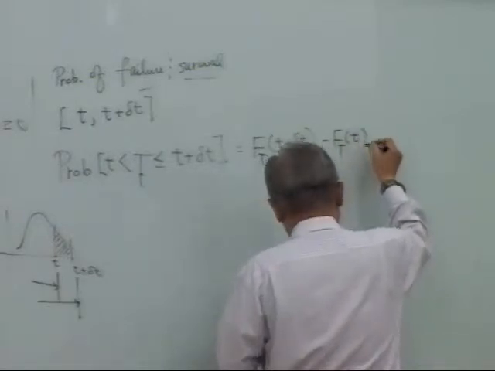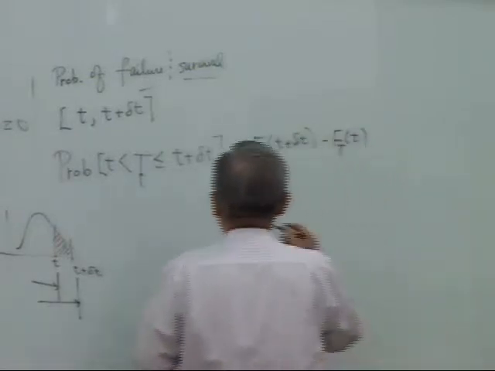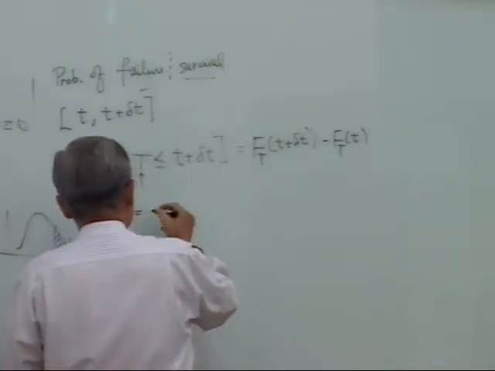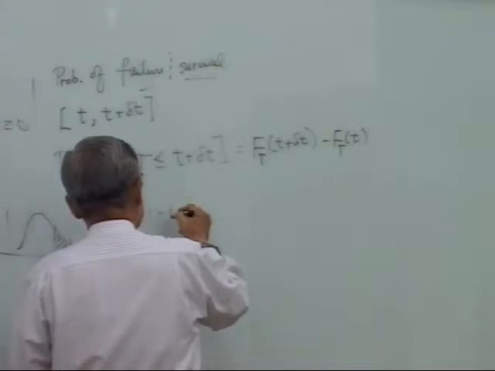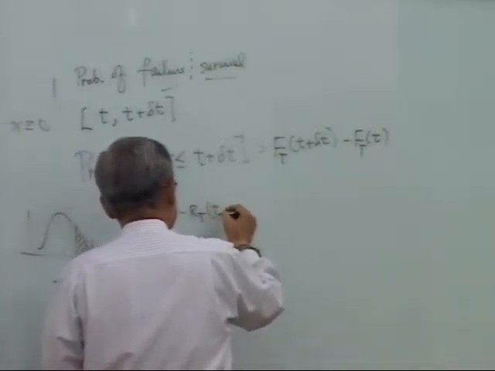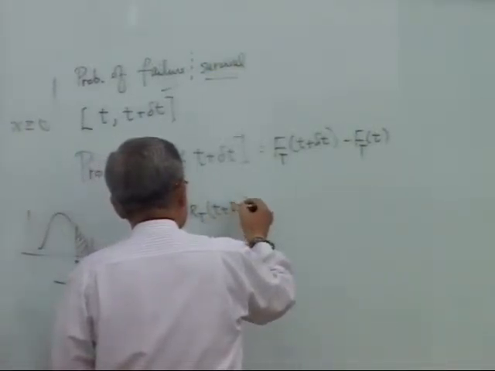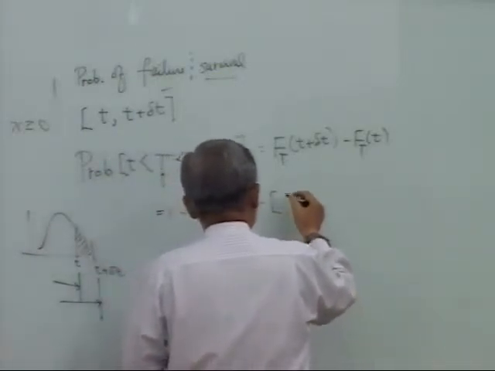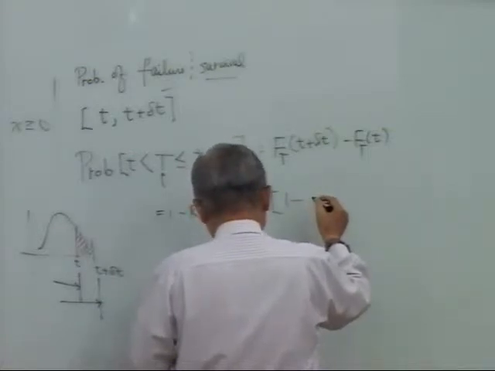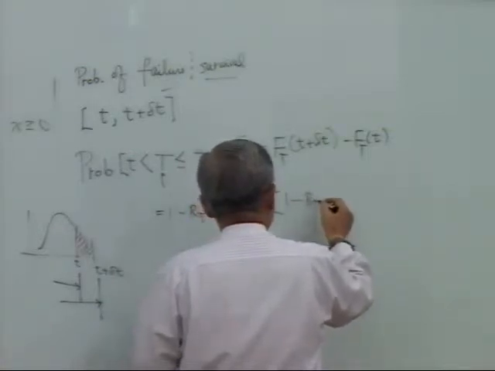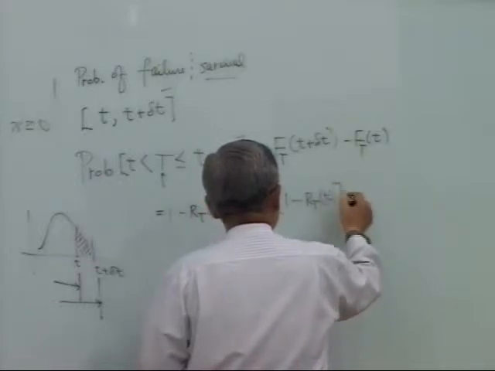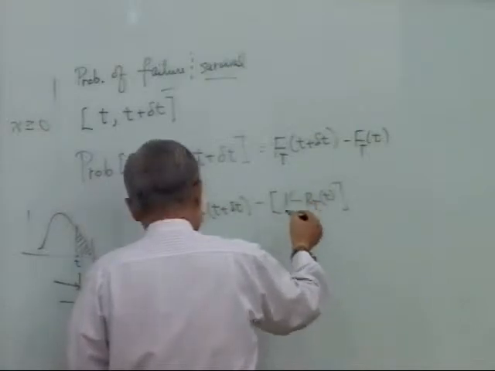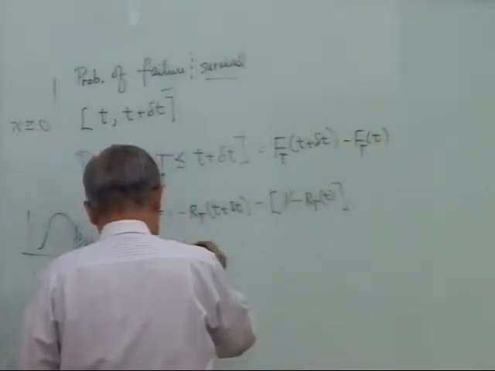If you carry this out in terms of 1 minus R(t plus delta t) minus 1 minus R(t), then this cancels out.